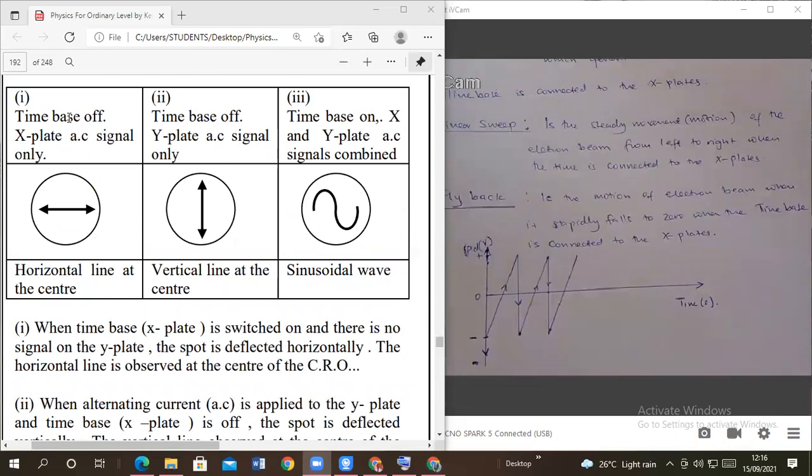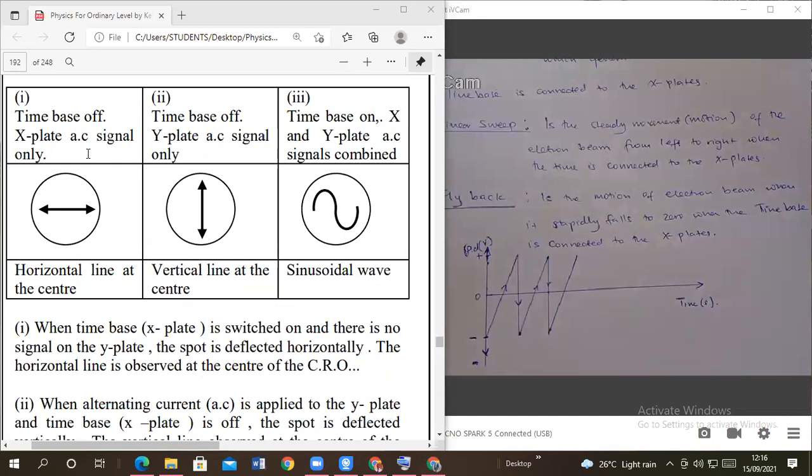If the time base is off, it means that there is nothing connected on the X plate. Remember, the time base is an electrical circuit connected on the X plate that will give us a sawtooth voltage. So if time base is off, it means we have not connected the X plate to the time base. The X plate is empty, nothing is connected on it.